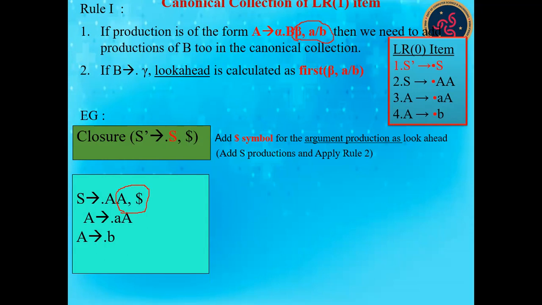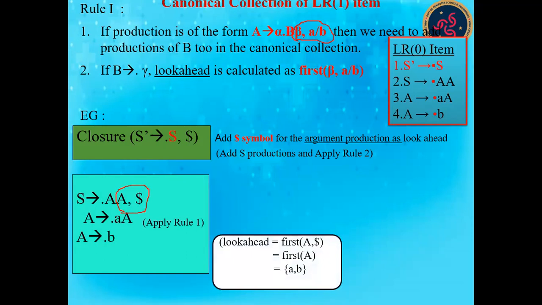That is first of A. What is first of A for these productions? First of A is a or b. So we find the look ahead symbols by applying first of A comma dollar symbol, which equals first of A, which is a or b. So a or b will be the look ahead symbols for this production.